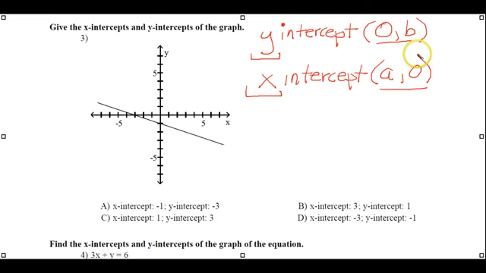That's where you need to be careful of what they're asking. They just want to know what B is, just want to know what A is. So, for the x-intercept, what is A going to be? Well, A is negative 3, right there. And what is your y-intercept? It's going to be a negative 1. So, pick out the answer. Letter D.